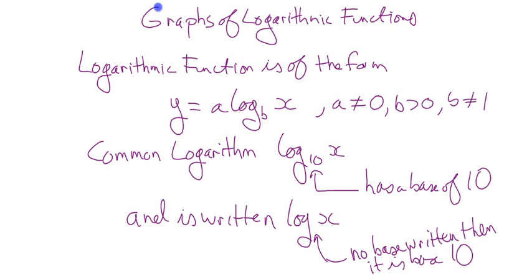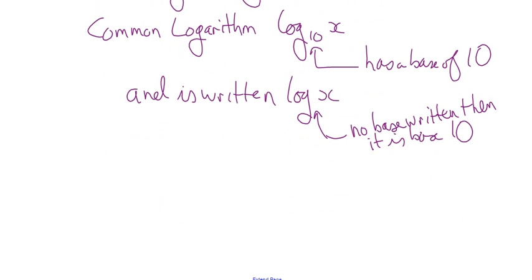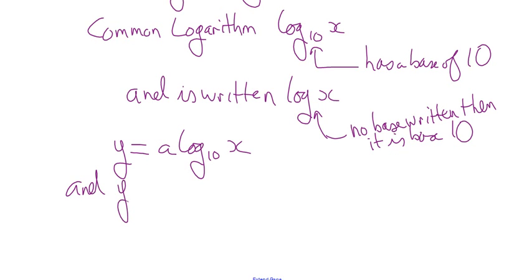That's the one your calculator has. You have a key on your calculator that says log. That's what it's doing. It's doing a base 10 log. So y equals a log base 10 of x, and y equals a log x are the same.